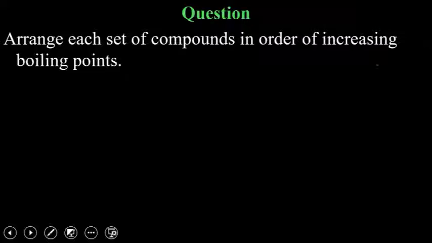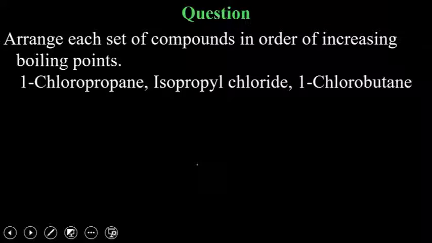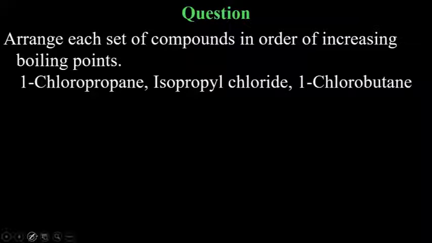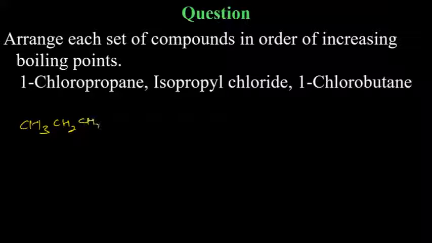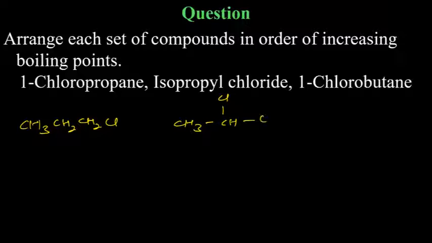Next question. Arrange each set of compounds in order of increasing boiling point. These are the options. One chloropropane, CH3CH2CH2Cl. Isopropyl chloride, CH3CHClCH3.